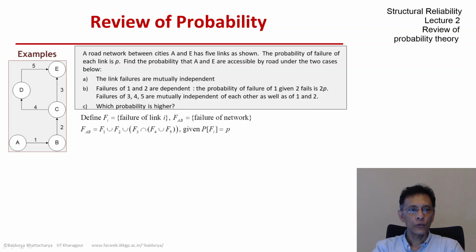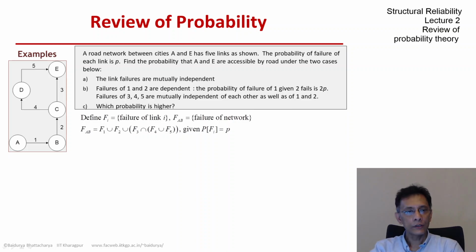So here we have Fi, which is failure of link i going from 1 to 5, and the system failure, which we call Fab. Now, given the system logic, as you can see in the diagram, we can define Fab in terms of the element failures.